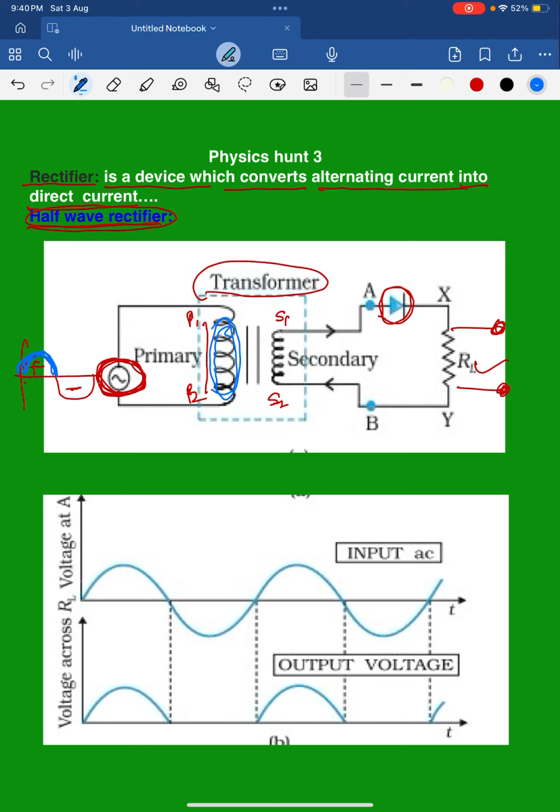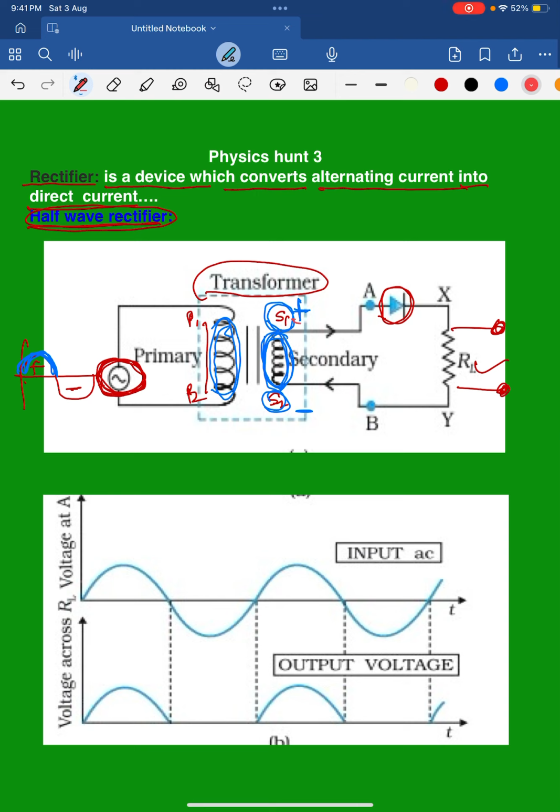For the positive half cycle of AC input, there is a current flowing through the primary coil. This current creates an induced EMF in the secondary coil because of mutual induction. Whenever an EMF is generated in the secondary coil, S1 of the secondary coil will behave as a positive charge and S2 will behave as a negative charge.